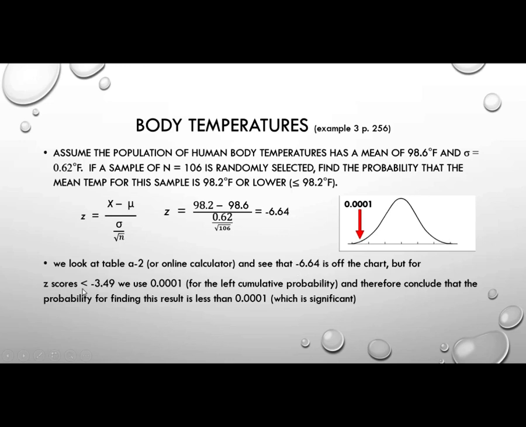But for z-scores that are bigger than negative 3.49, we use 0.0001 for the left cumulative probability, and therefore conclude that the probability of finding this result is really, really tiny. All right, so for all of those people to have an average of 98.2 is very, very small. The probability of finding that is very, very tiny.